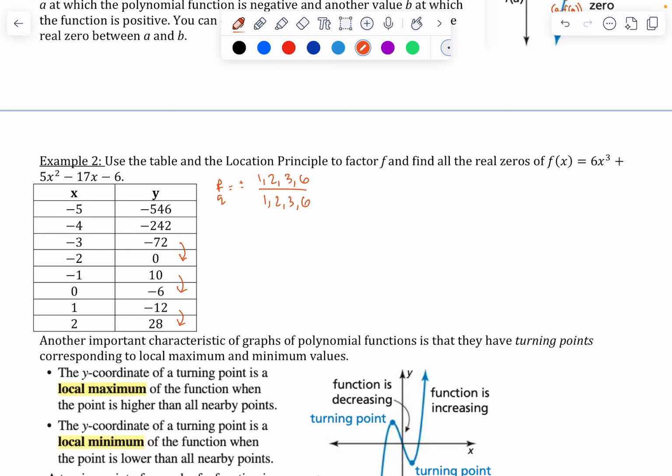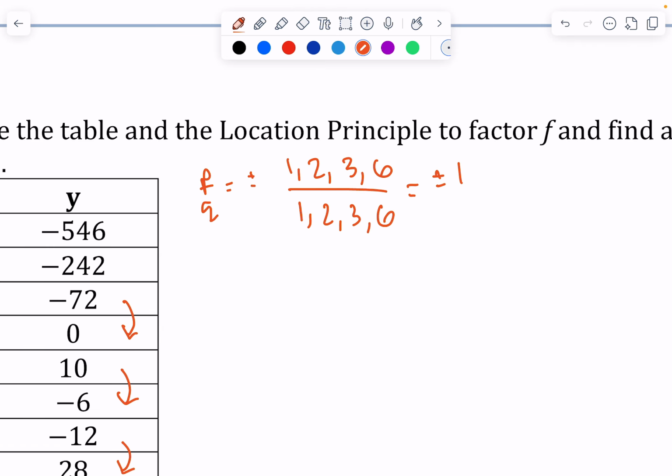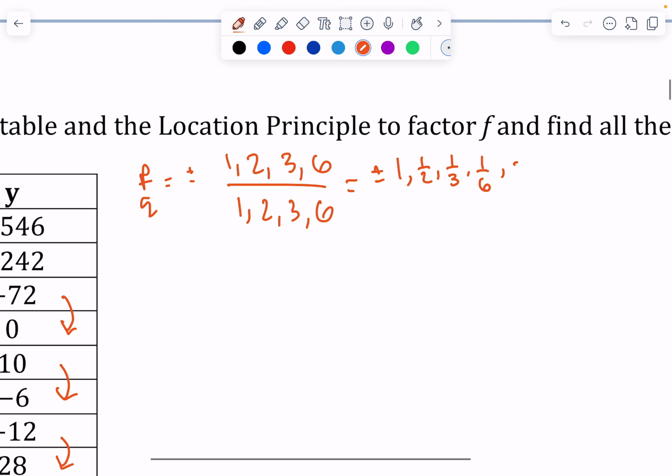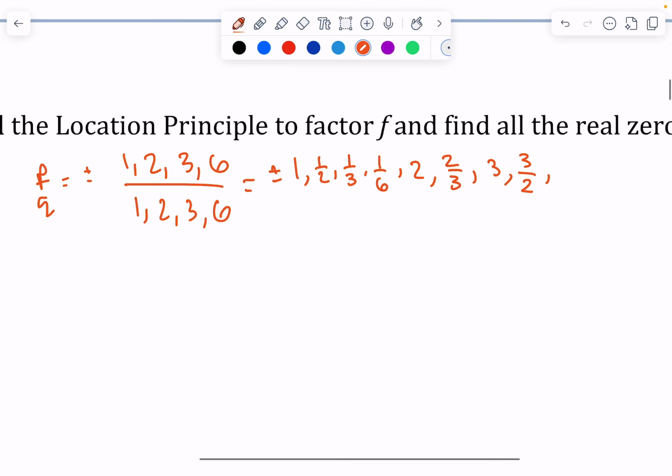Okay, so if I were to list all the possibilities out, it would be plus or minus 1, 1/2, 1/3, 1/6, 2, 2 over 2, which is just 1, and I already have that, 2/3, 2/6, which is just 1/3, I already have that. 3 over 1, so 3, 3 over 2, I don't have yet, 3 over 6, which is 1/2, I have it already. Then 6 over 1, 6 over 2, which is 3, 6 over 3, which is 2, and 6 over 6, which is 1, so that's the last one.